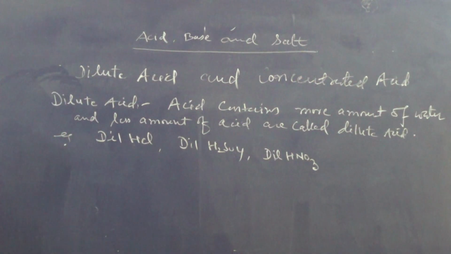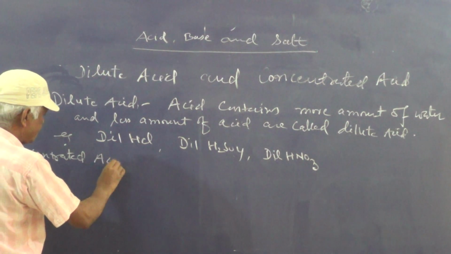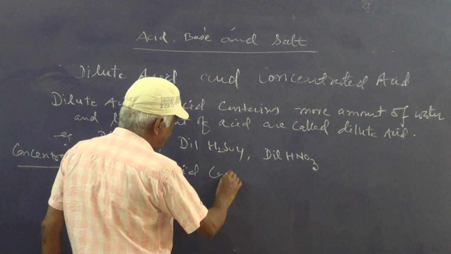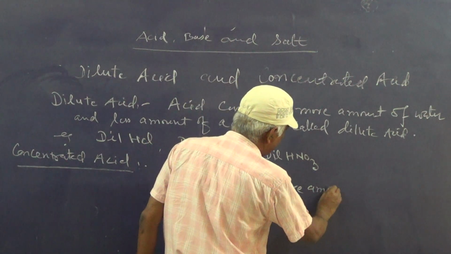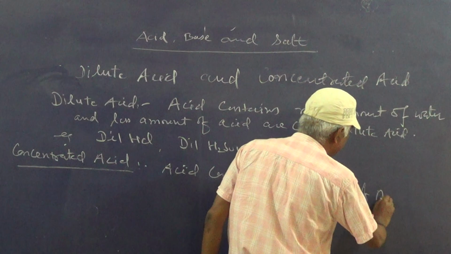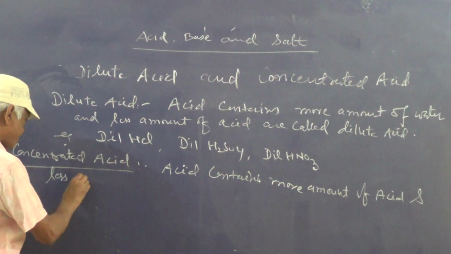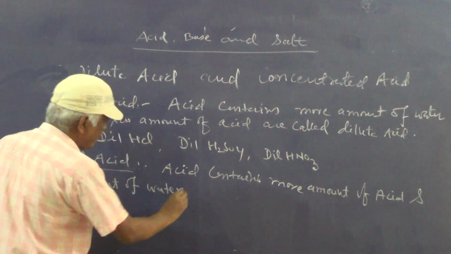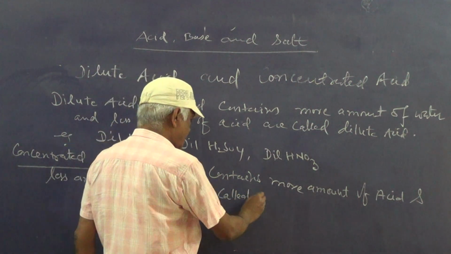Okay. Now comes to what is concentrated acid. Acid contains more amount of acid and less amount of water are called concentrated acid.